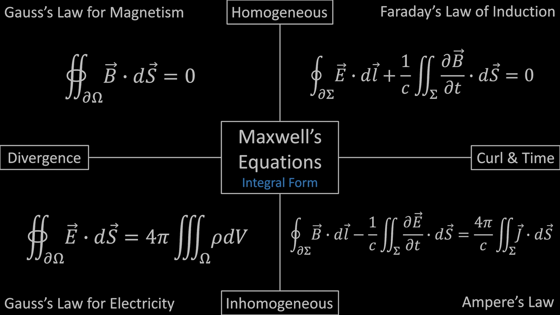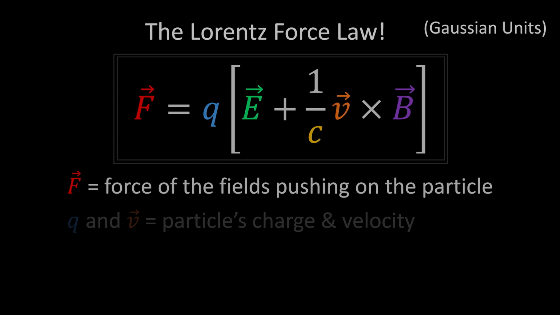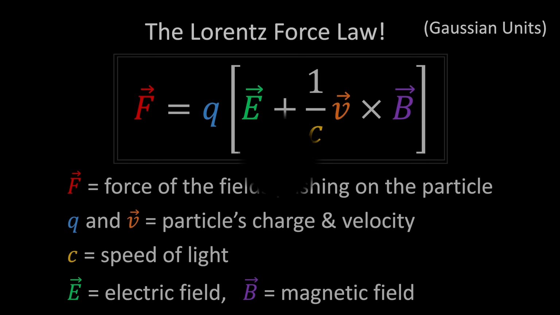The 4 Maxwell's equations reveal to us the patterns in the electric and magnetic fields. But to do physics with these fields, we also have to know how they push around charged particles. And for that, we have the Lorentz force law, which tells us that charged particles will be pushed along the electric field, while they're going to be pushed in a swirly way around the magnetic field, depending on their velocity. In both cases, the direction of the force depends on the charge, with the field pushing on positive and negative charges in opposite ways.